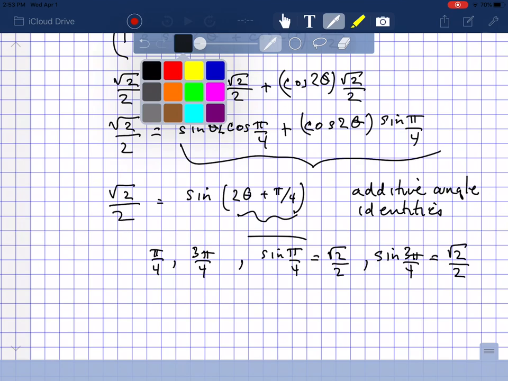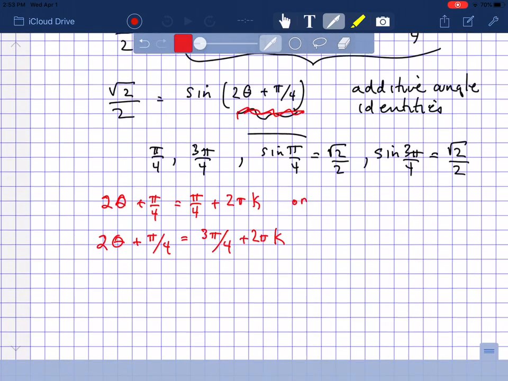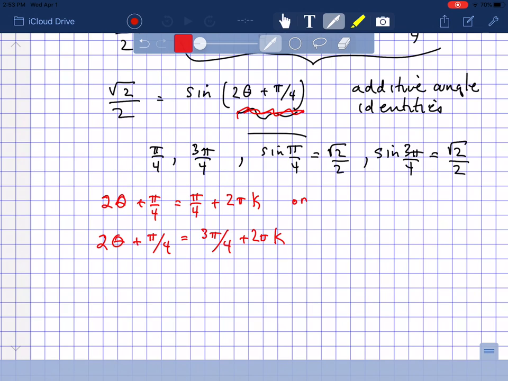So that tells me that this angle in here is such that 2 theta plus pi over 4 is equal to pi over 4 plus 2 pi k, or 2 theta plus pi over 4 is equal to 3 pi over 4 plus 2 pi k. Okay?